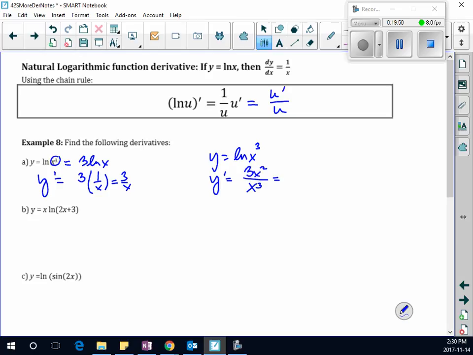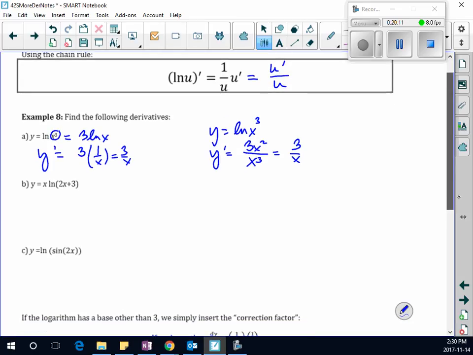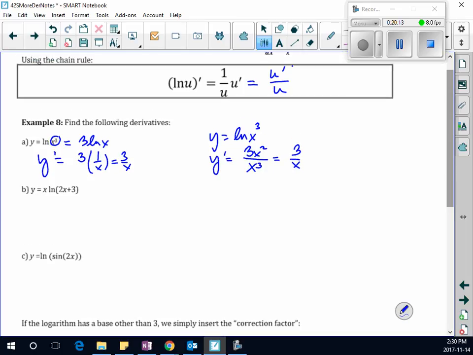And when you simplify that, you get 3 over x. So either way, you would have got 3 over x, but one way is way easier than the other. That's why I'm saying if you're not simplifying, you're probably not going to get the answers there, right? That's why I would memorize this form so you're putting it directly on top of each other.